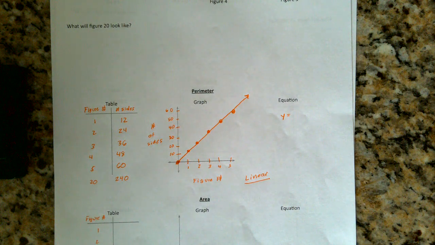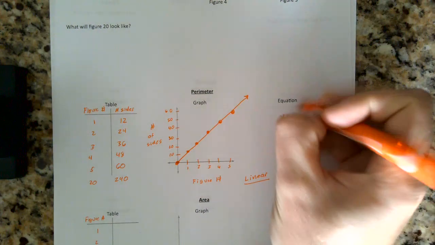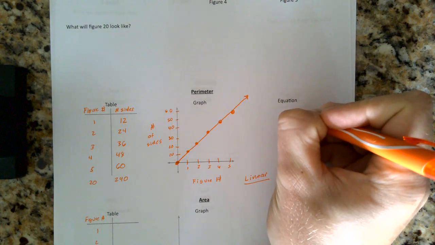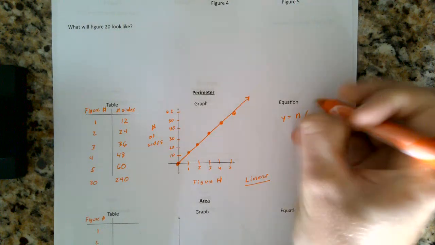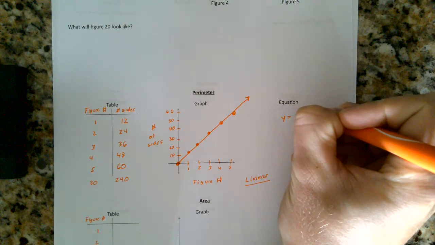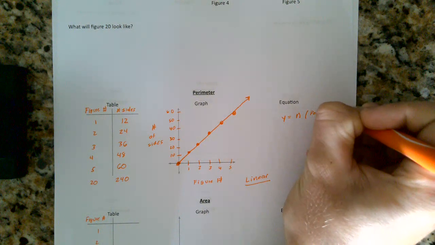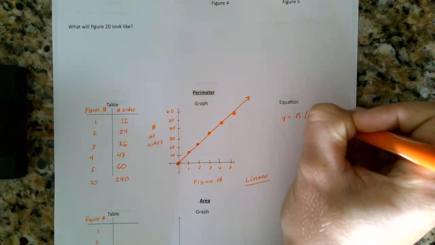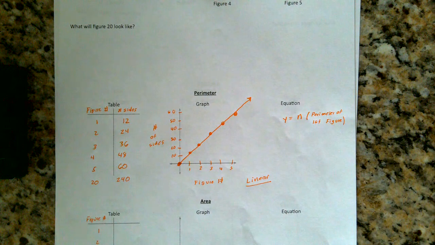So the pattern for the perimeter, and if you want to write p, you can, is just going to be n multiplied by the perimeter of the first figure, which is the 12 value.